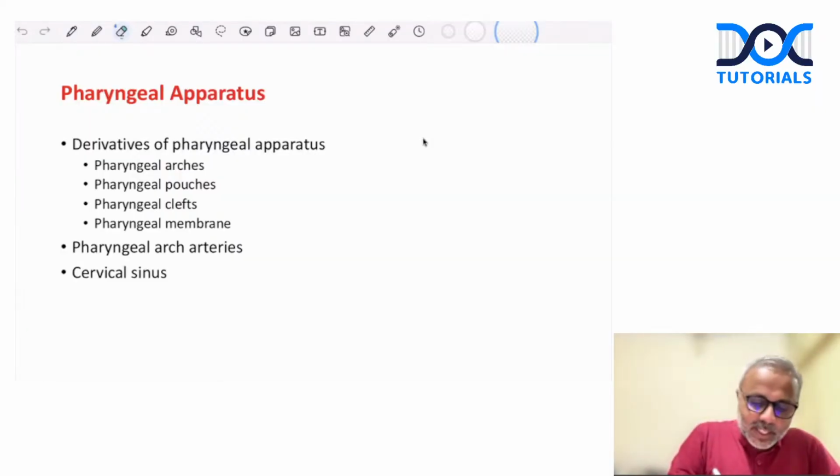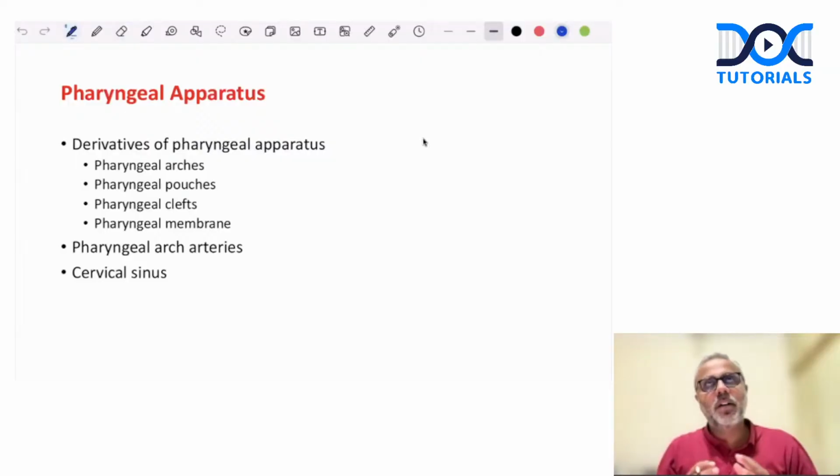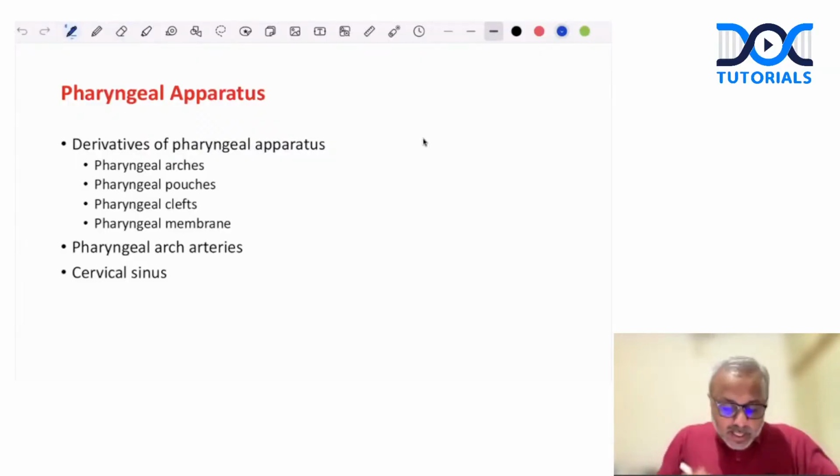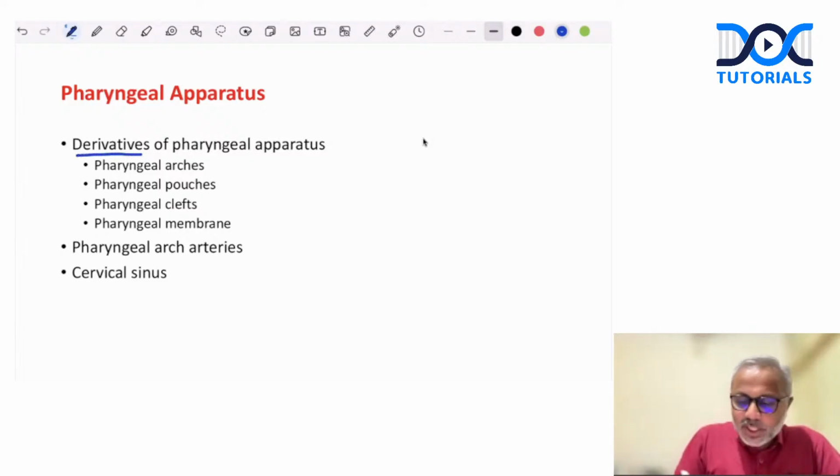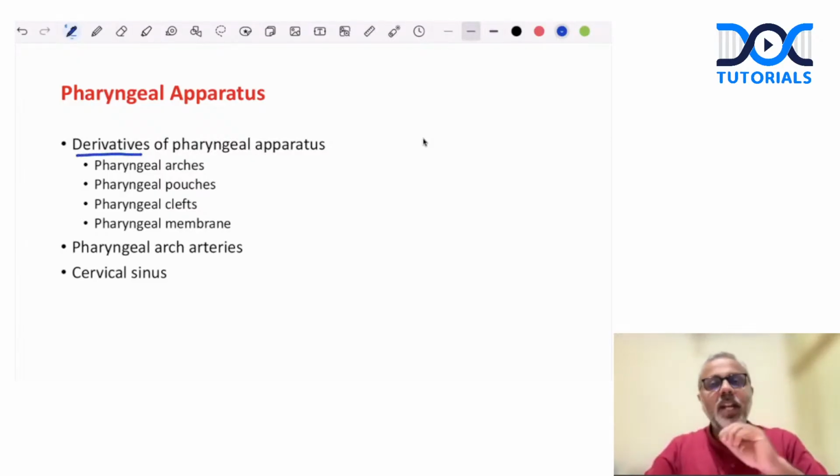Usually questions from this topic, even if it's a short essay or a short answer or even MCQ, are always on the derivatives. What exactly are the derivatives of the first pharyngeal arch, second, third, fourth, sixth arch, like this. When they ask about the pharyngeal apparatus, we need to be very careful about the terminologies they use.